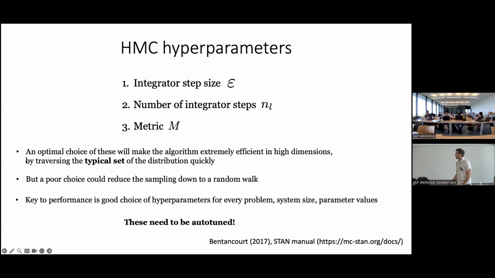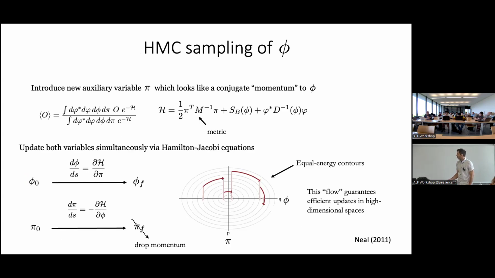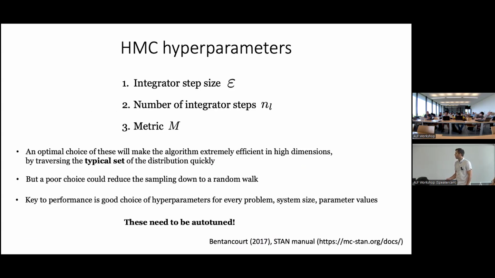And the metric M. The metric M is this matrix that you are always free to choose to be whatever you want. An optimal choice of these will make the algorithm extremely efficient in high dimensions, as promised, by traversing what's called the typical set of the distribution very quickly. But a poor choice of these can reduce the sampling down to a random walk, and so you'll lose all the things that you were trying to gain.